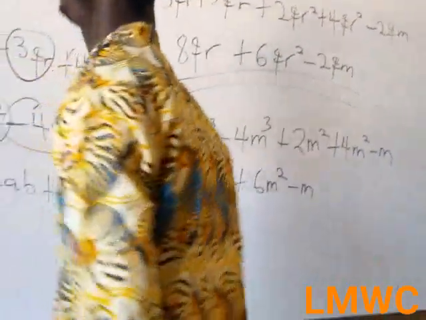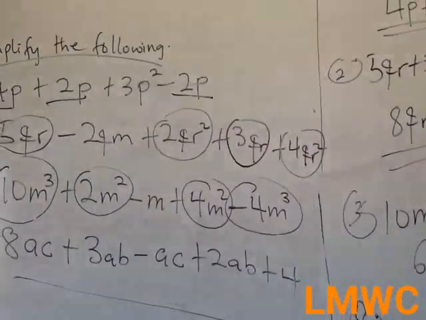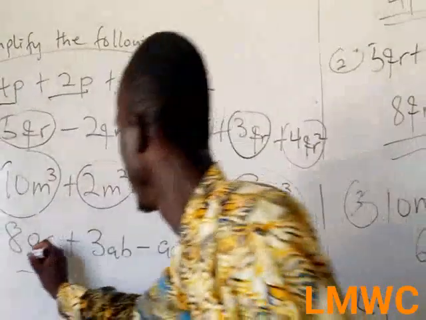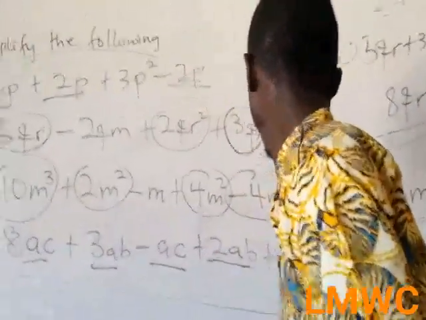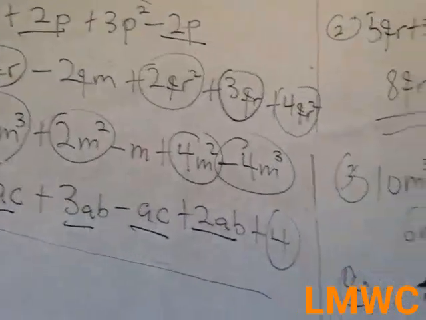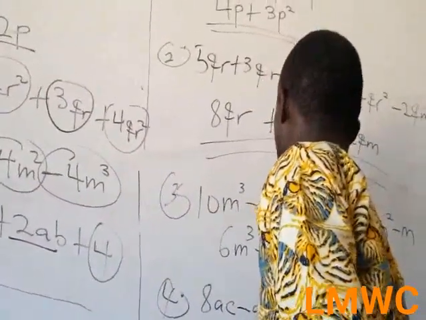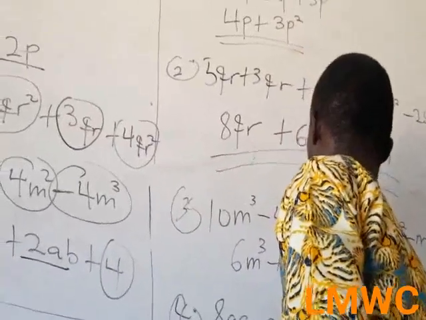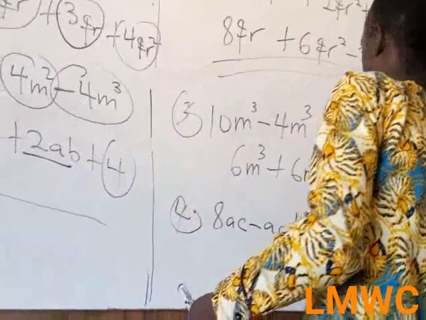4. We have this, and you have been asked to simplify. So ac, this and this, they are like terms, this and this like terms, but this is constant. So 8ac minus ac plus 3ab plus 2ab plus 4.